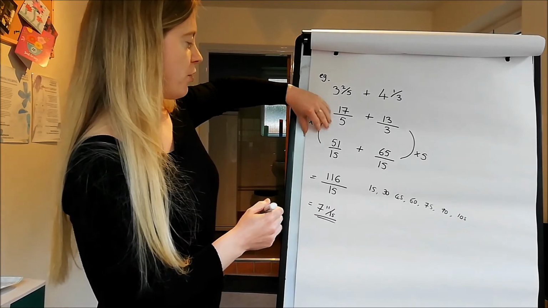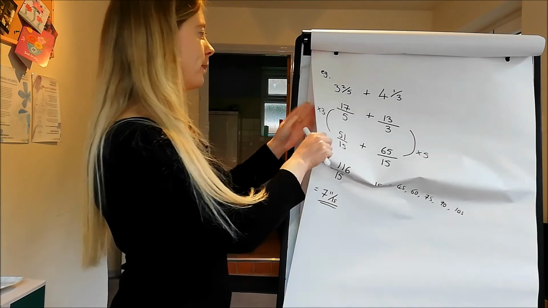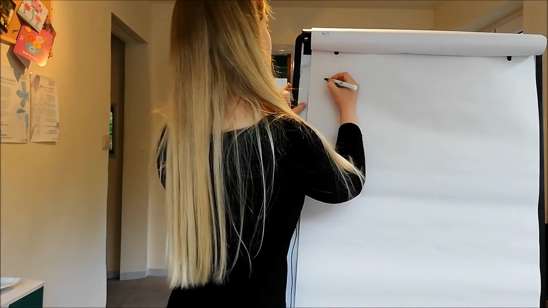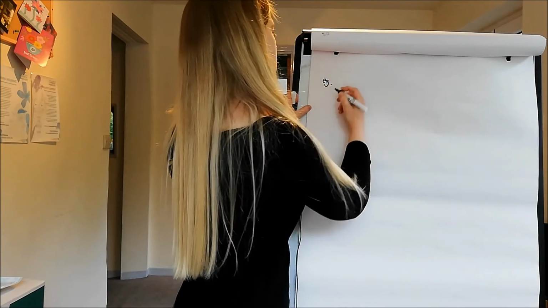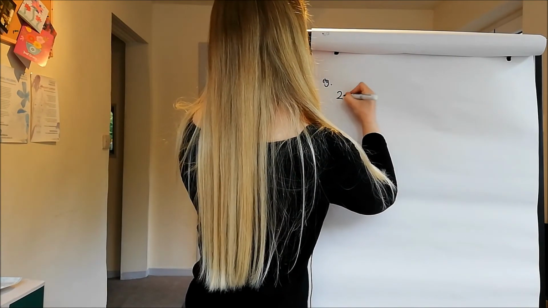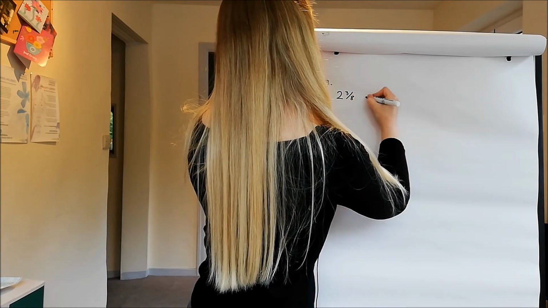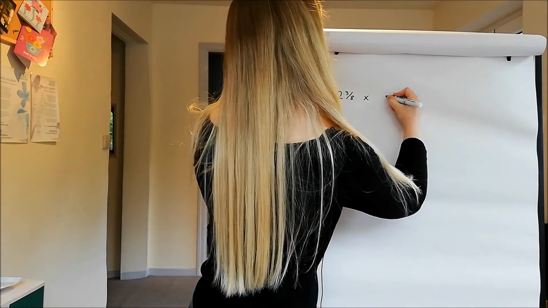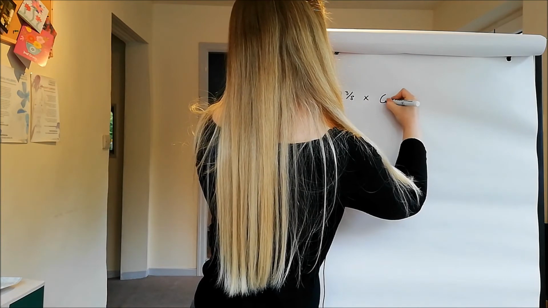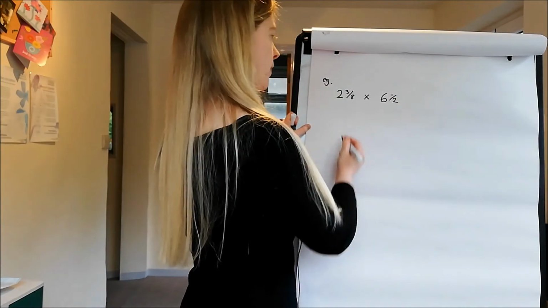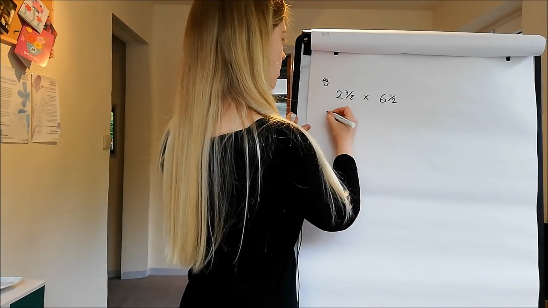I'll show you another mixed numbers one. So if we had, e.g., 2 and 3/8 times 6 and a half, I'll convert.